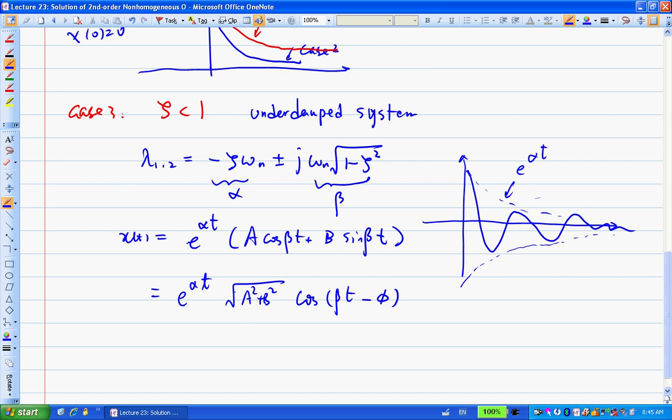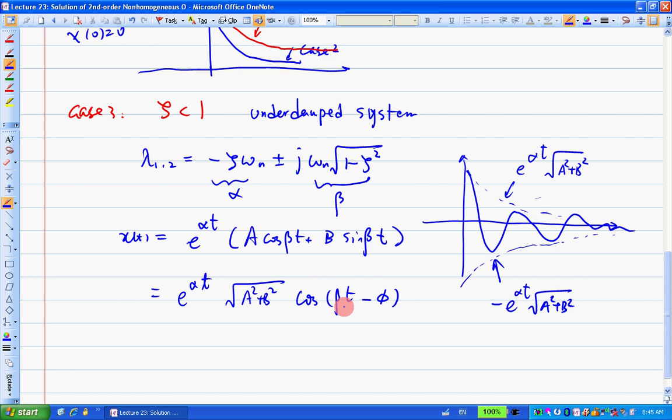Yeah. So I think more precisely, the bound that is here is actually multiplied by this term here, and the bottom one is negative of this. Okay. So you see, you have a response which has amplitude here multiplied by this cosine term, right?